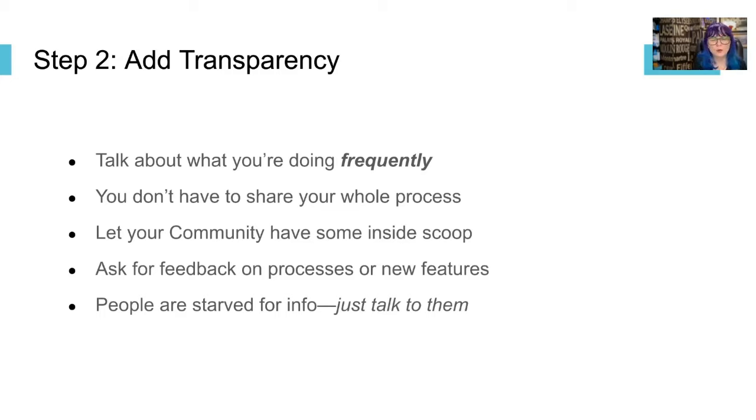The more you talk to people and let them know that, the better they handle it. It is so much better to give information and share some of your process instead of having a black box. Let your community have some inside scoop. That is a really great way to build on that relationship and give them updates on the community.